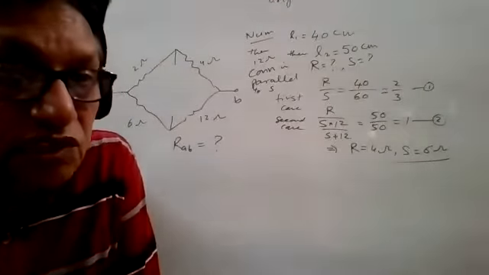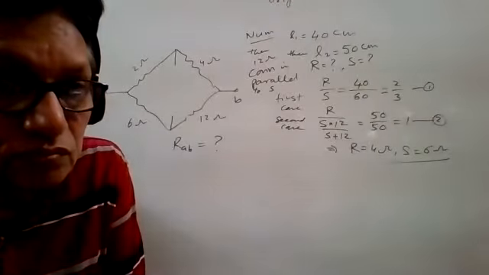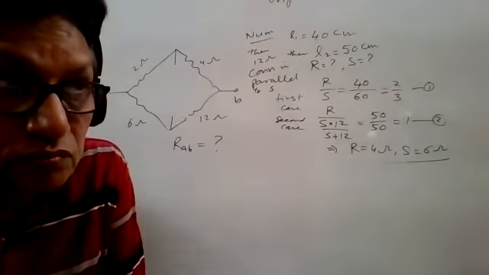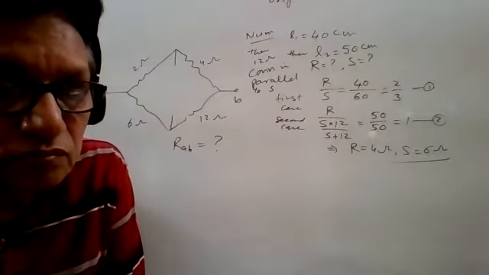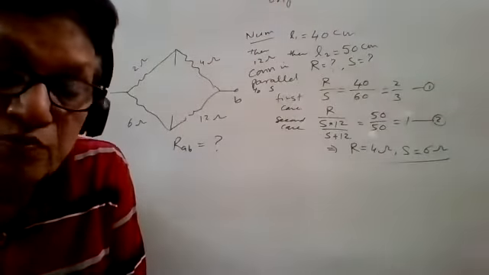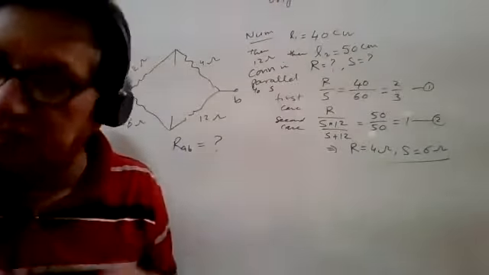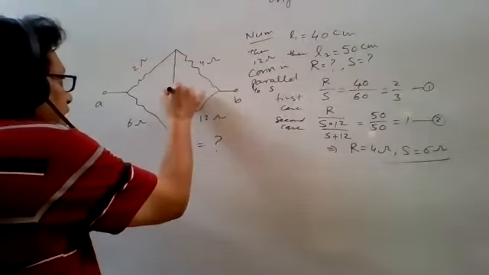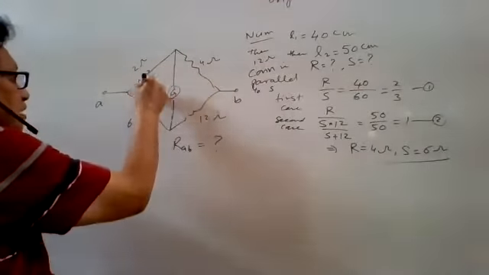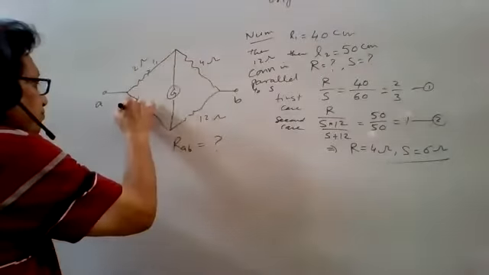Sir, you have told that if P upon Q is equal to R upon S, we can neglect the value of Ig. How can we neglect it? Listen, suppose here there is a galvanometer and these are the two currents, I1 and I2.